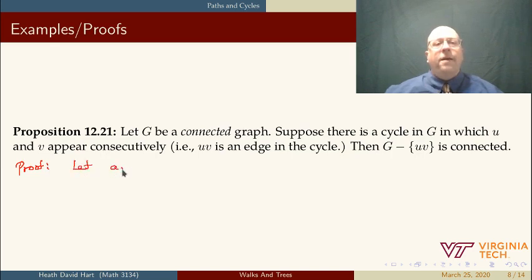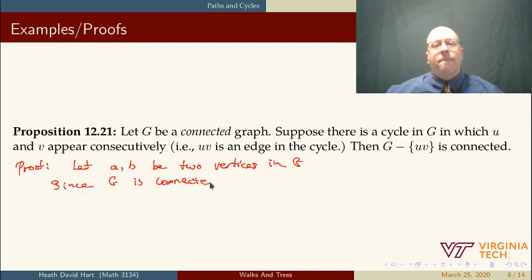Let A and B be two vertices in G. Since G is connected, there is a walk from A to B. And then we're going to look at two cases again.